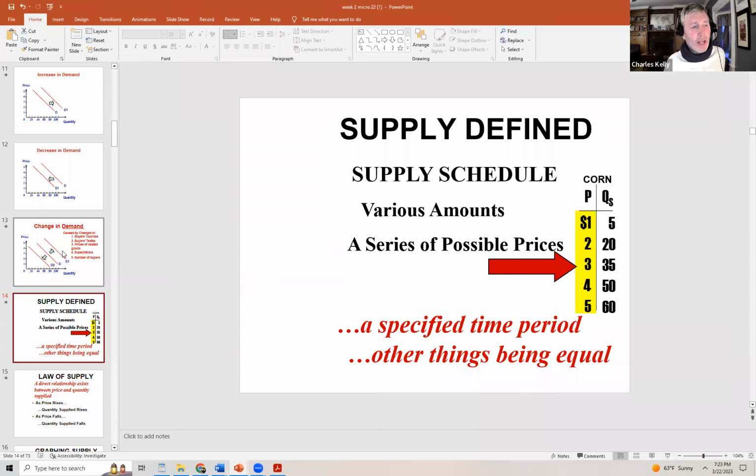So for you, price is not an obstacle, it is a reward. This is a good thing for you, something you look forward to, you want more of. So supply is the various amounts of a good or service or a resource that sellers are willing and able to make available for sale, at a series of prices, in a specified amount of time, other things equal.